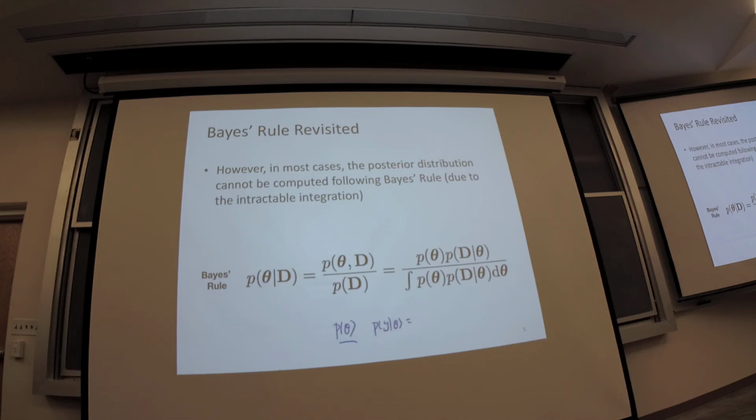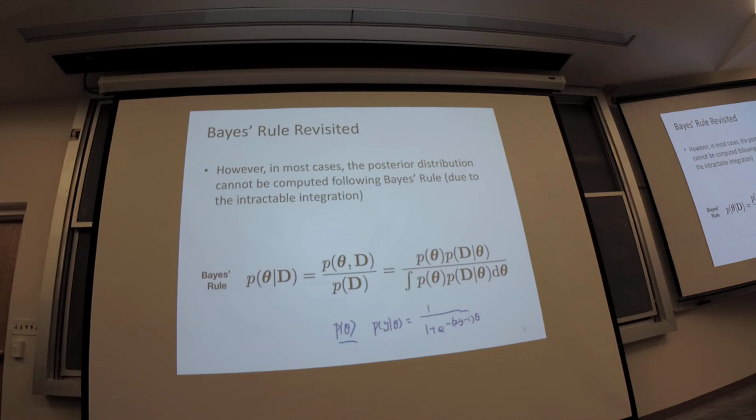It's just a logistic function, which is 1 over 1 plus exp of minus theta to the power of 2y minus 1 times theta. This is a valid likelihood.